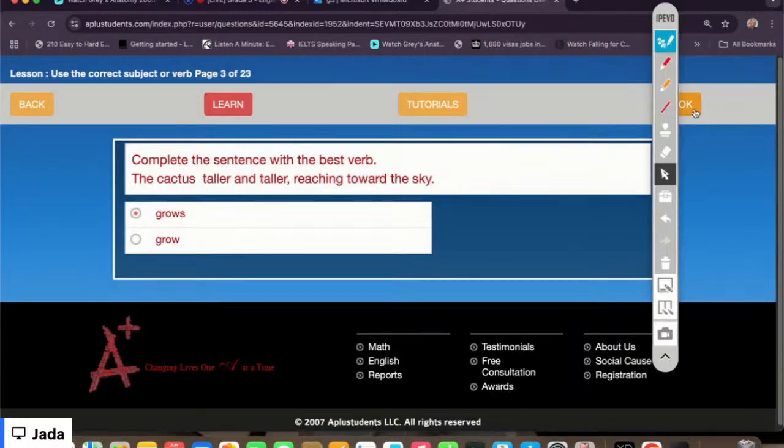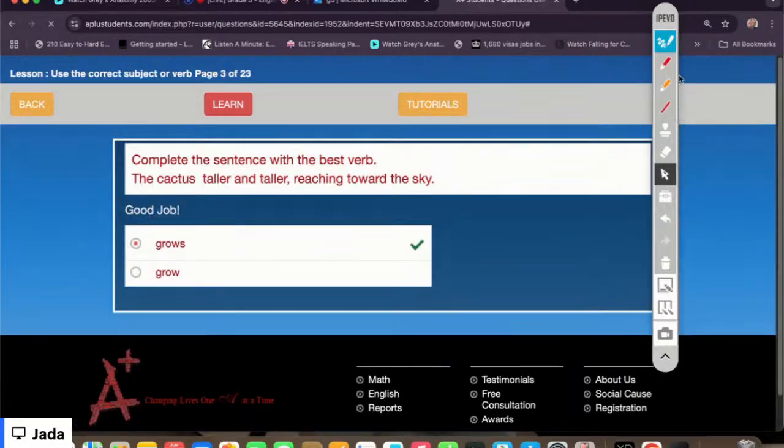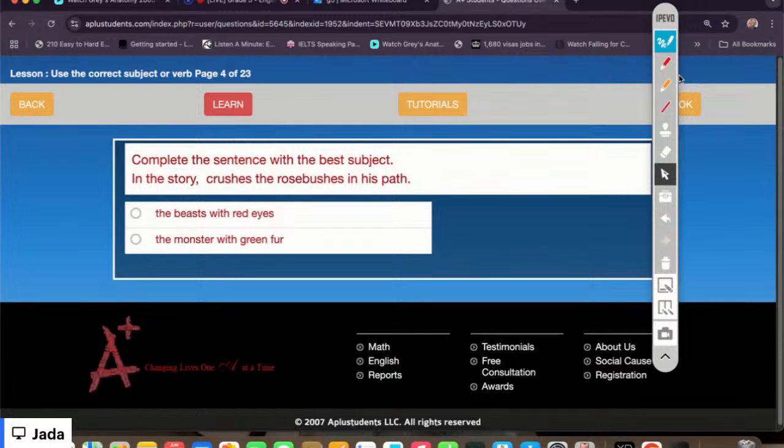Okay, so we have grows because it's singular. So in the story, dash crushes the rose bushes in his path. Is it the beast with red eyes or the monster with red eyes?